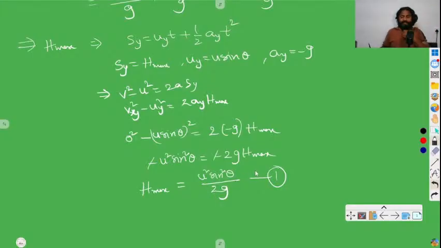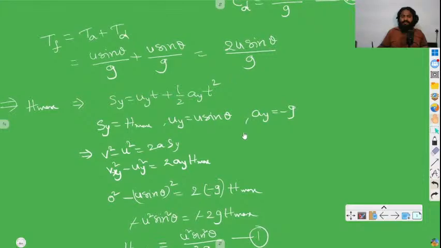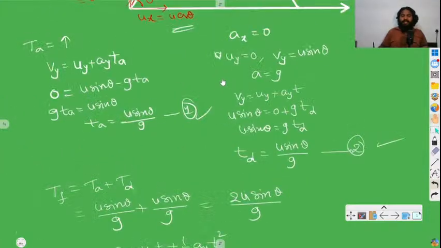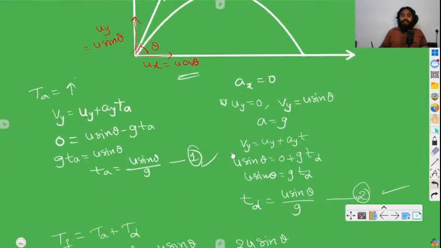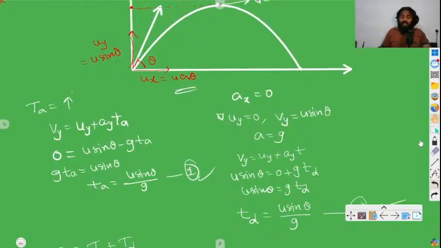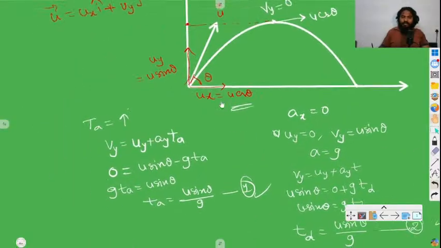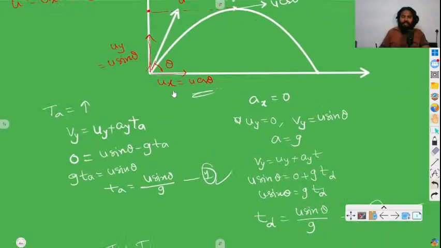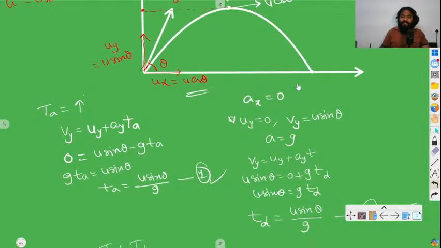And one more parameter is there, that is the range. What is that parameter? The range. For example, if you observe the projectile during its journey, the horizontal distance traveled by the object from here to here, did you understand?